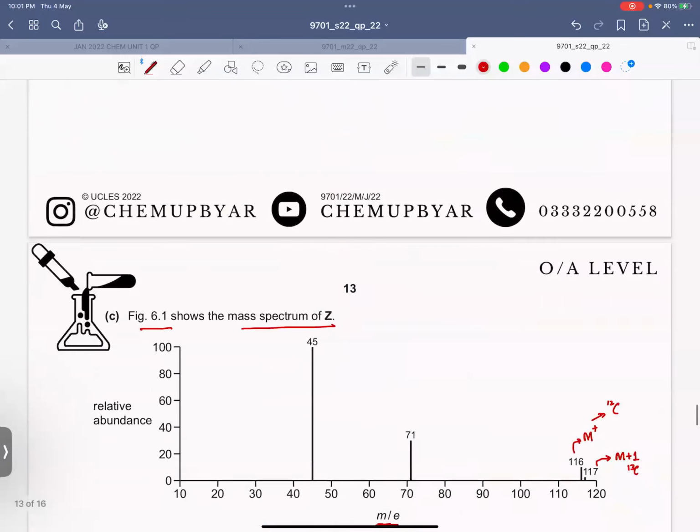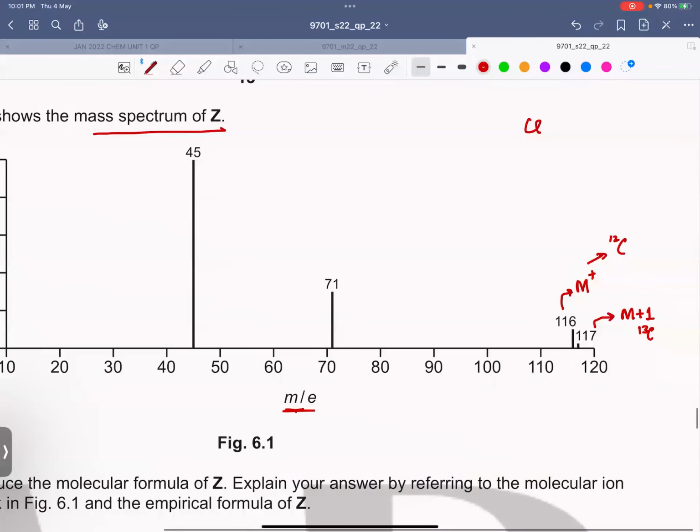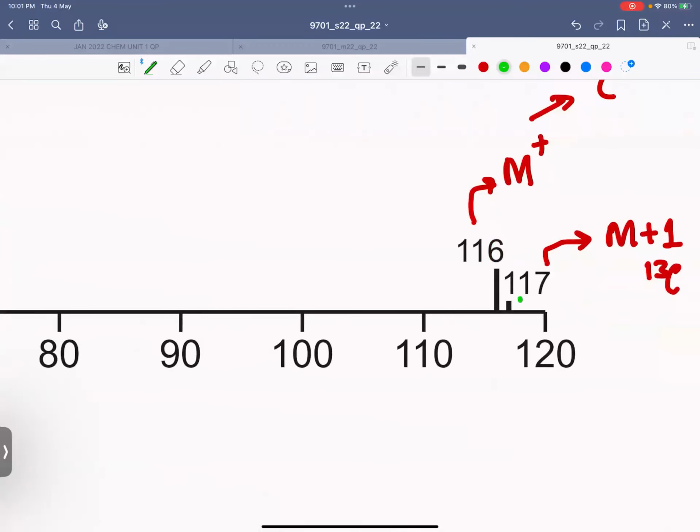But if this compound had chlorine in it, then you would get one more value over here at 118, and the ratio of the peaks at 116 and 118 would be 3:1.